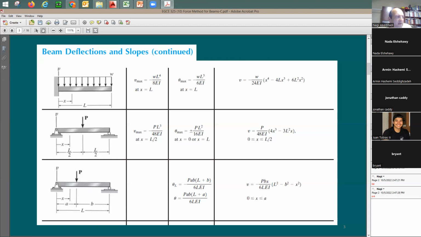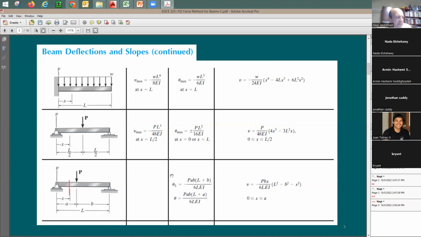Meaning, this X is going to be at the point of interest. This P is not going to change its location, but this X can be variable. You can play with this X the way you want. If you want to find out the deflection here, or if you want to find it out here, it's going to be up to you.